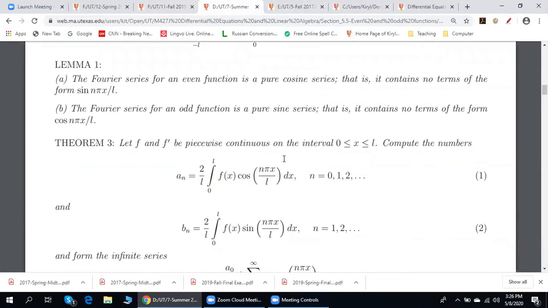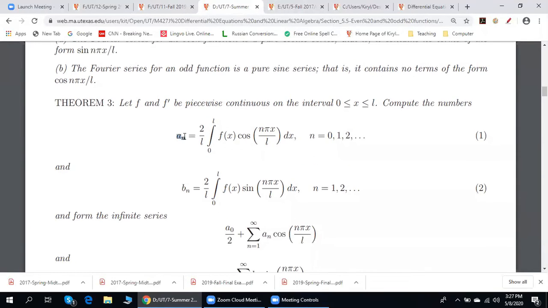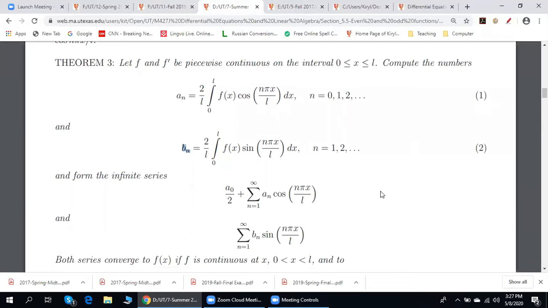Please take a look at this. Let f and f prime be piecewise continuous on the interval from 0 to L. Compute a_n's and b_n's. This function can be written as an infinite series in 2 different ways.